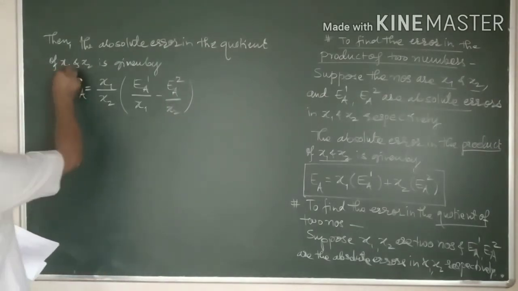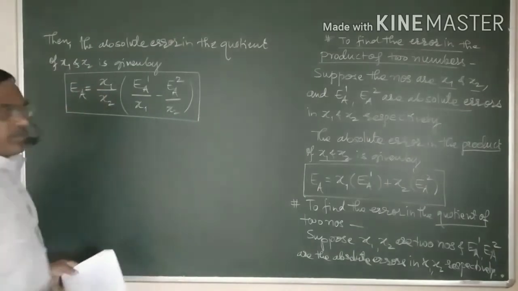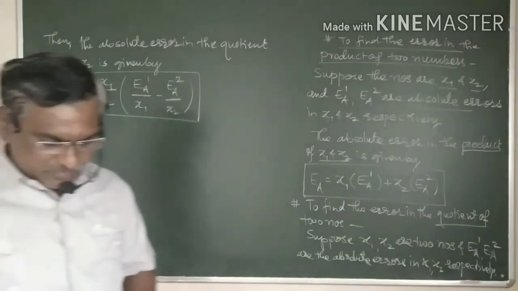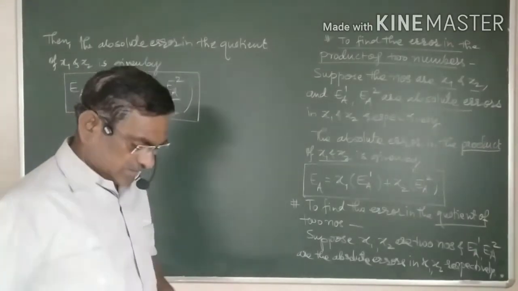This is the formula for absolute error in the quotient of two numbers x1 and x2.